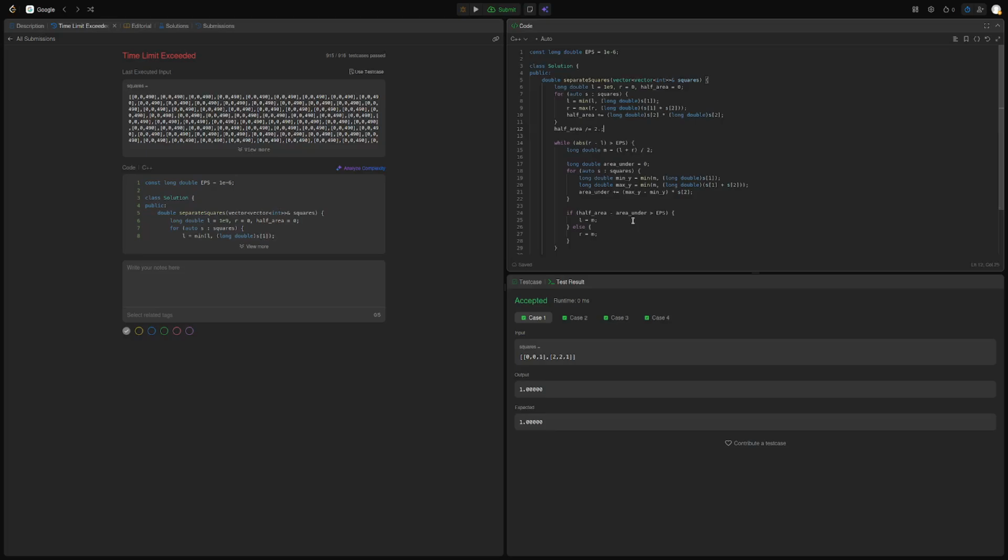Interesting. These conversions are not great. So let's do this. Vector long. So let's get rid of this.